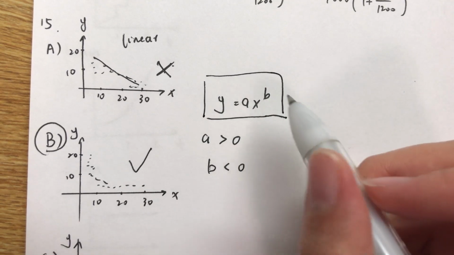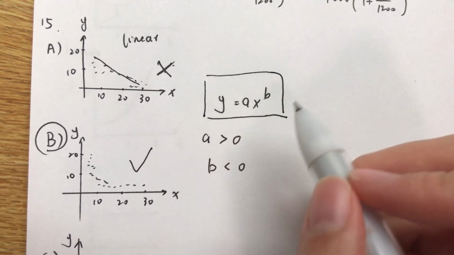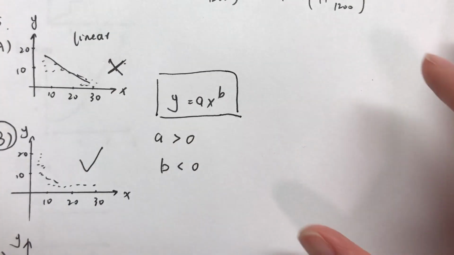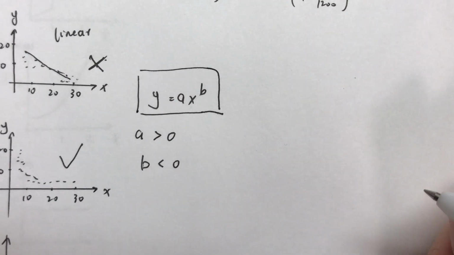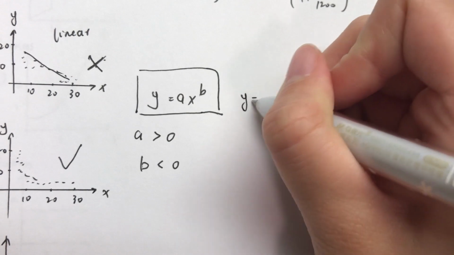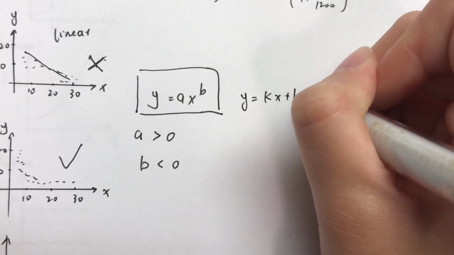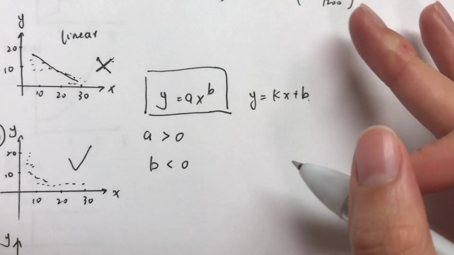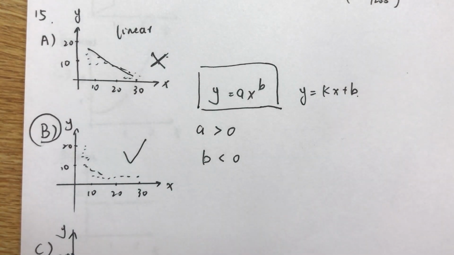So from this information, we notice that this equation cannot be a linear equation, since the formula for a linear equation is y equals kx plus b. So this is not the same formula, so the graph cannot be linear.